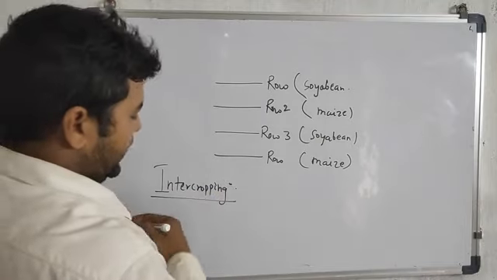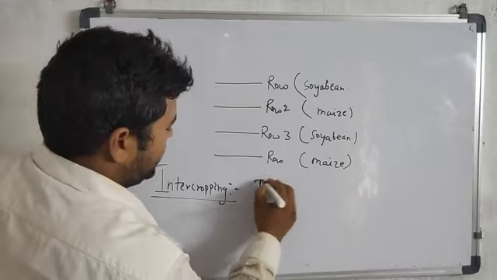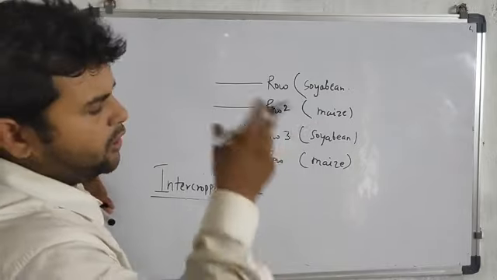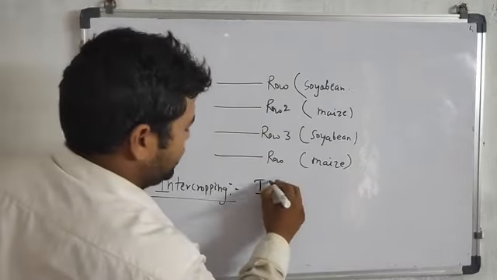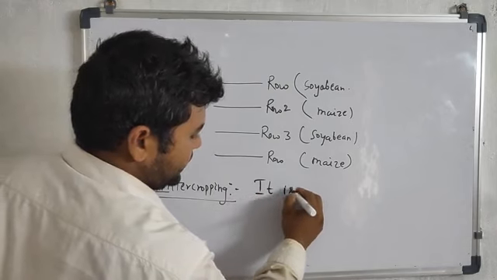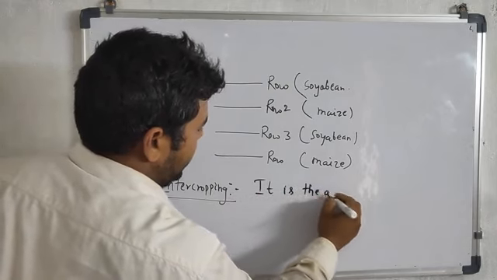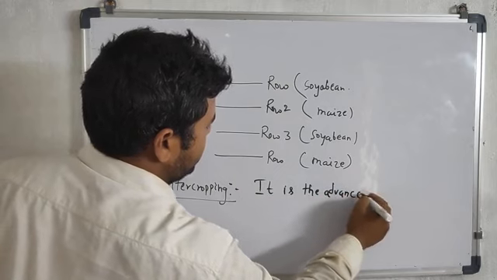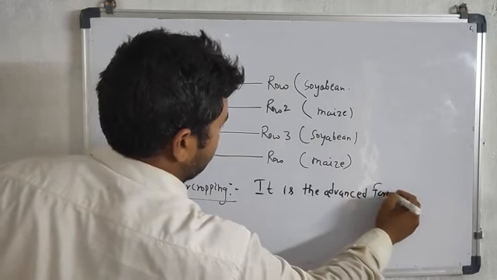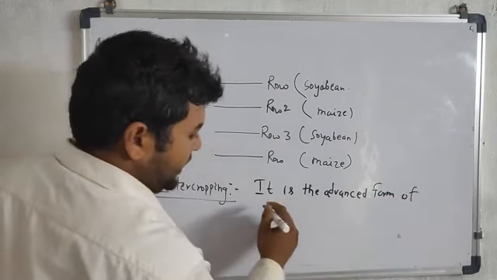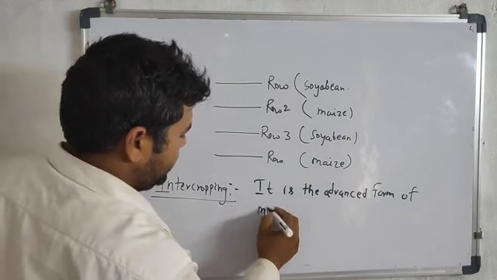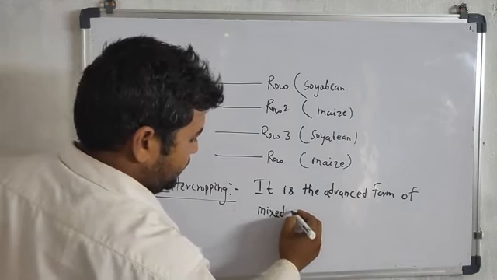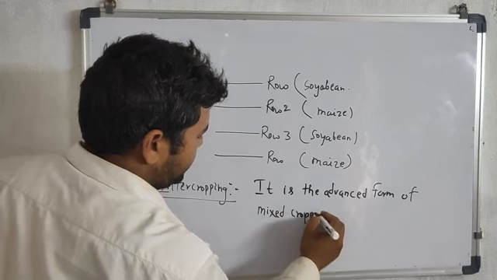Okay, it is also a mixture of two or more crops, so it is the advanced form of mixed cropping.